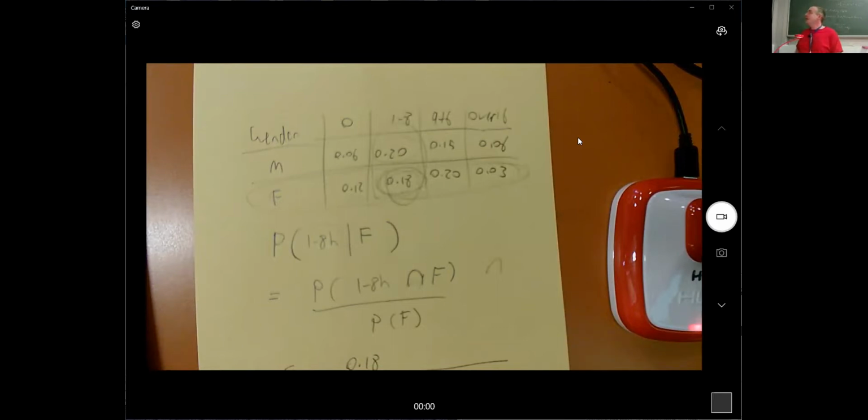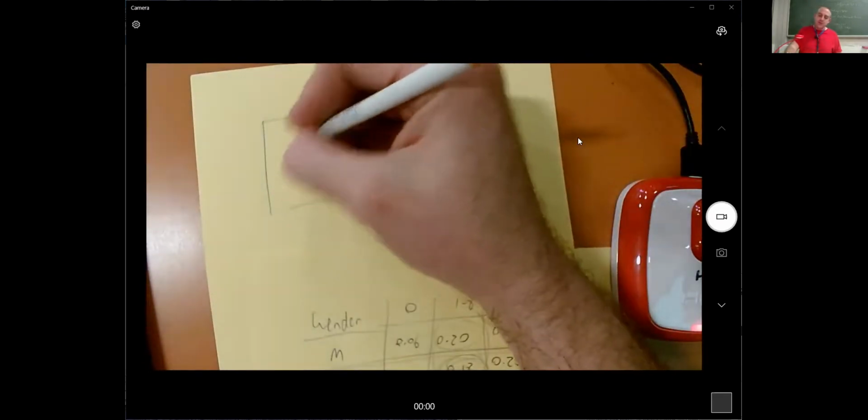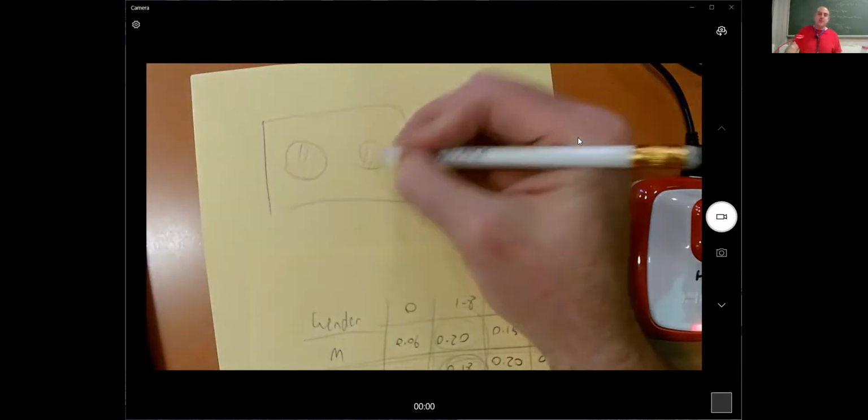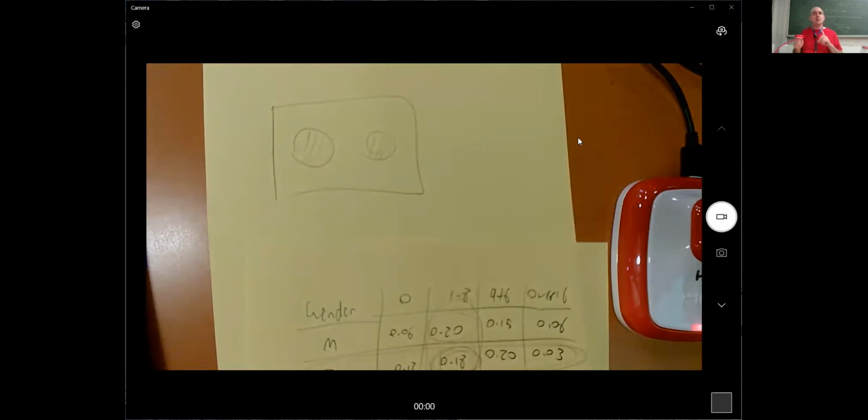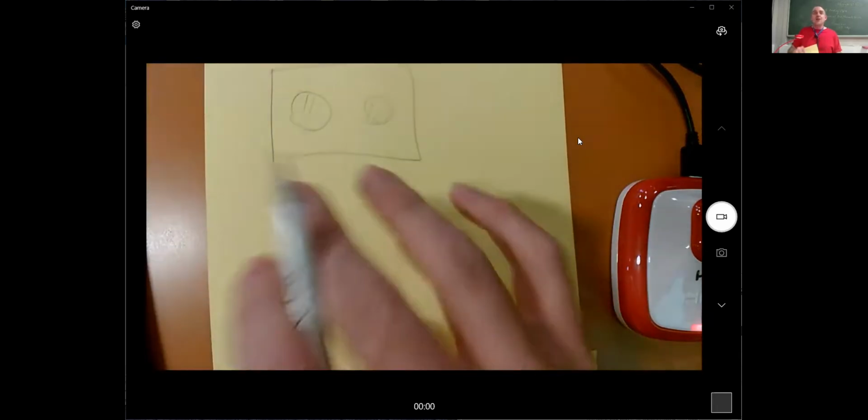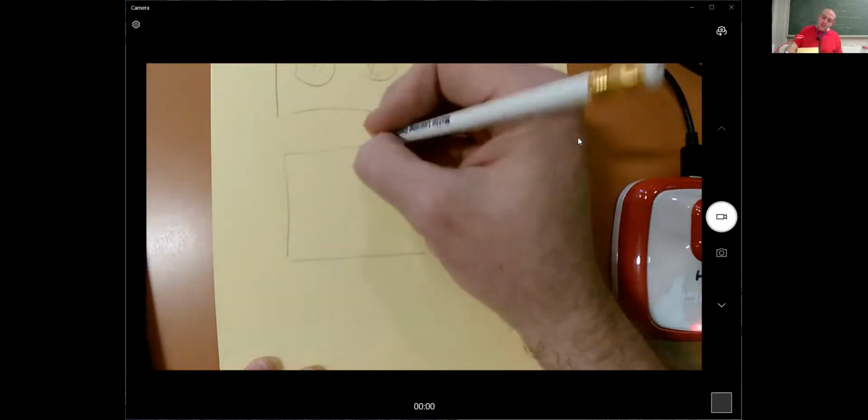So the picture for mutually exclusive goes like this. You've probably seen it before for a Venn diagram. The picture for independent is much harder to describe. So I'm just going to cut this into pieces.